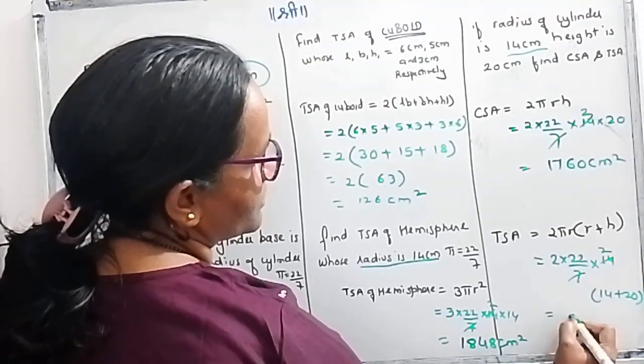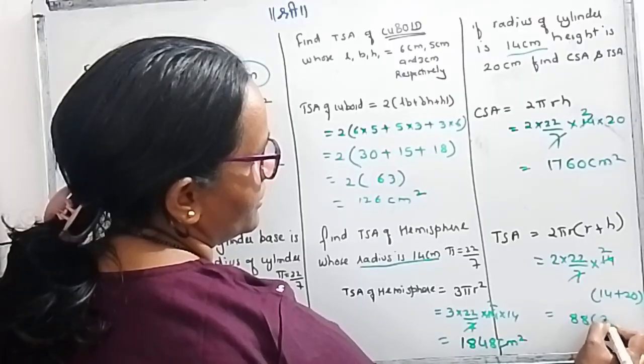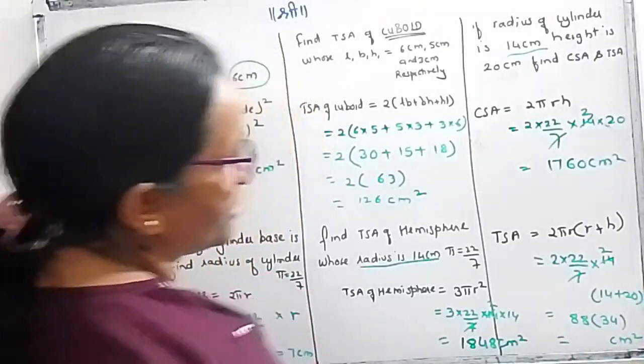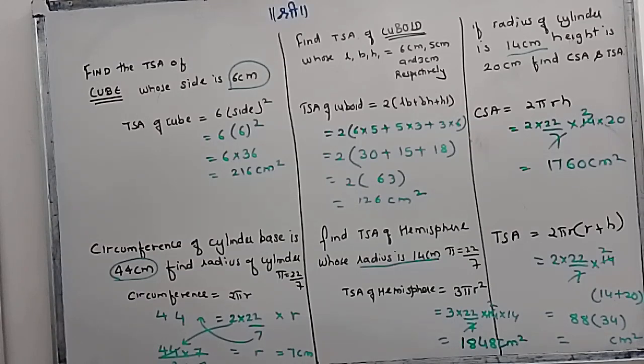So this becomes 88 into 34, which is how much centimeter square? Write the answer.